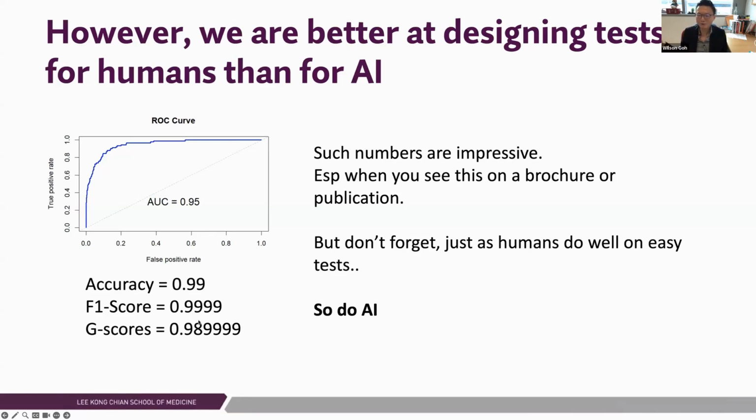They are near perfect, and these are really amazing, especially when you see these on a brochure or a publication, you'd be like, okay, this is fantastic. And then the next question you ask is, what's next? But you should not forget that just as humans do well on easy tests, so does an AI.